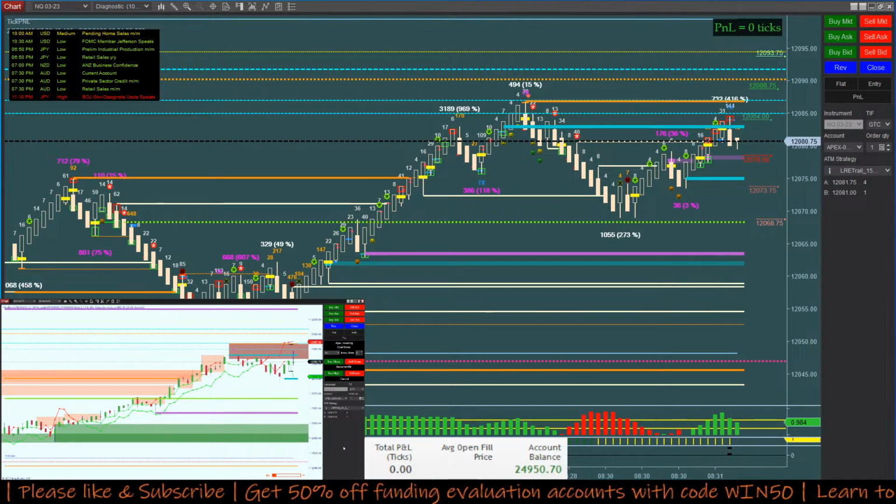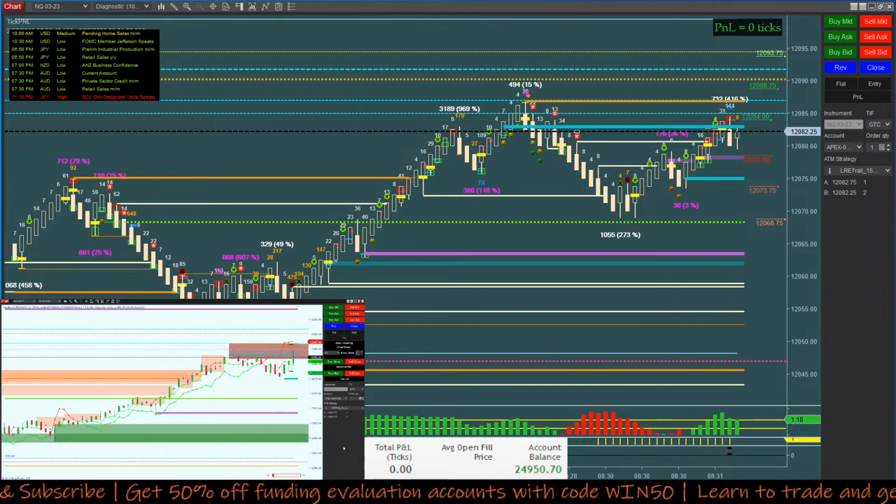Potential TX on NQ. Trap orders with exhaustion box on NQ.